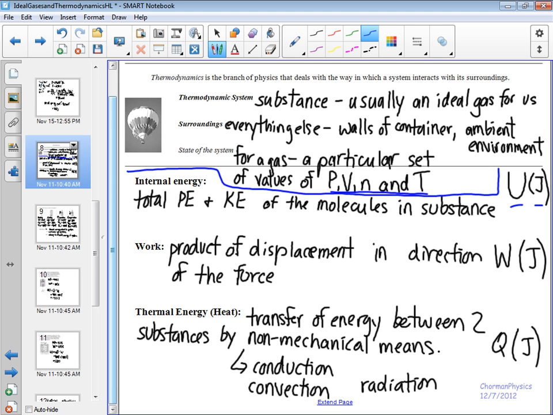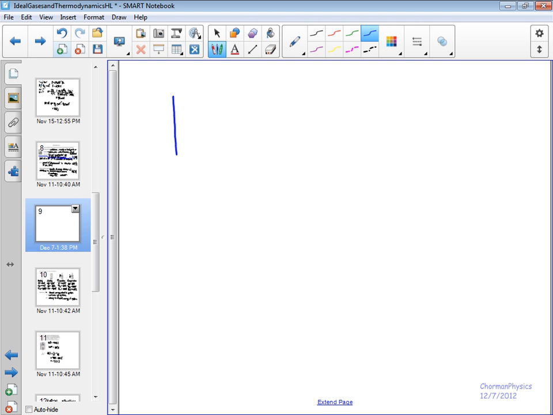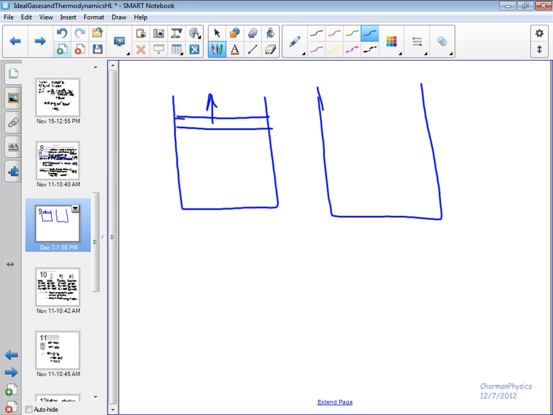Anyways, the work that a gas does, what I want you to think of is the fact that we have this piston cylinder assembly, and in order for this cylinder to be pushed up like this, it needs to do work.